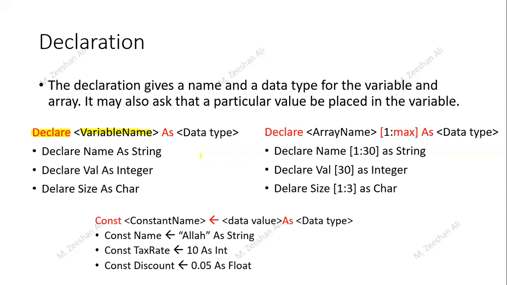It can be ABCD, it can be XYZ, but it is preferred that we give sensible names to the variables, arrays, and constants, so that when we are doing the program, it will not be very difficult to recall or to call that variable.